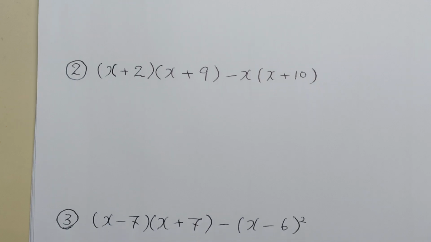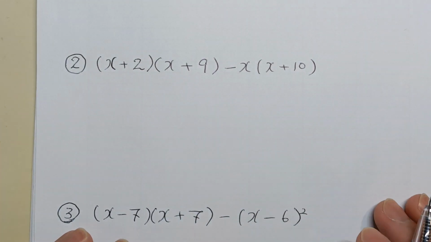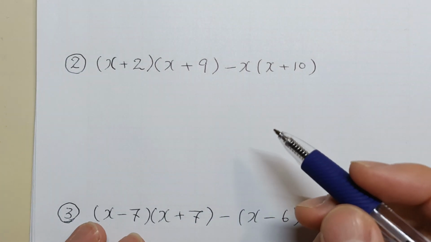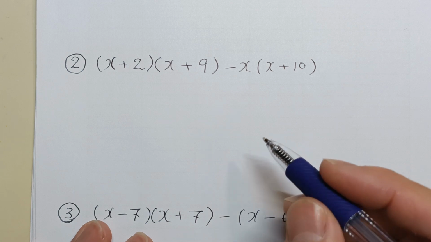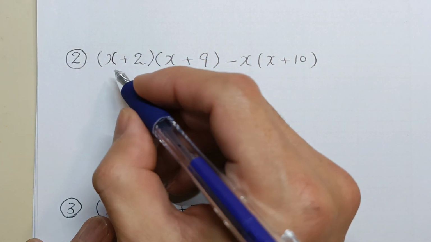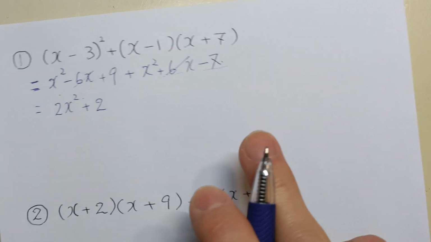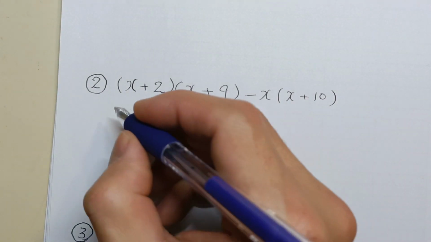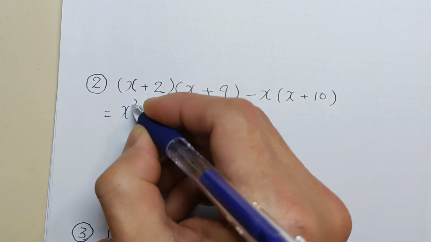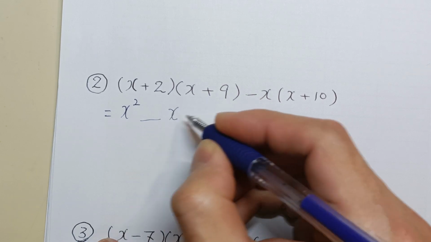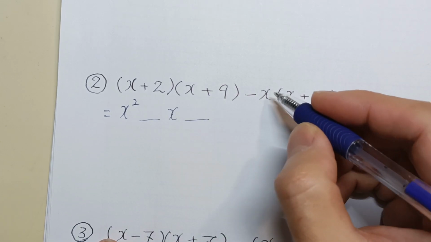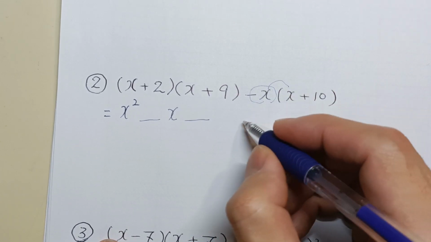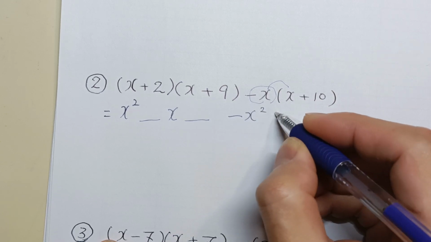Right, number 2. If you want to try, please stop the video and then start the video when you finish. Okay, so as I mentioned this one before here, you make a template here, x squared, and then something x plus something. And then negative x times by x is negative x squared.